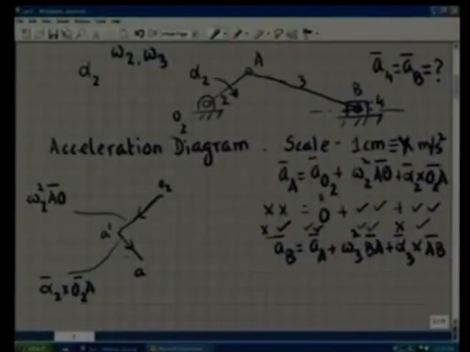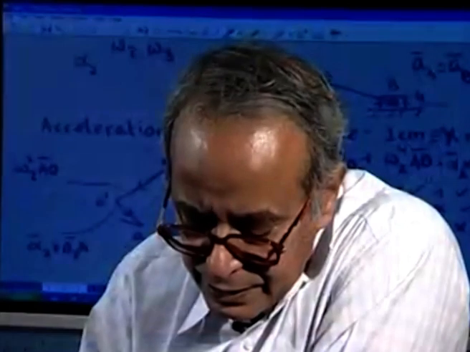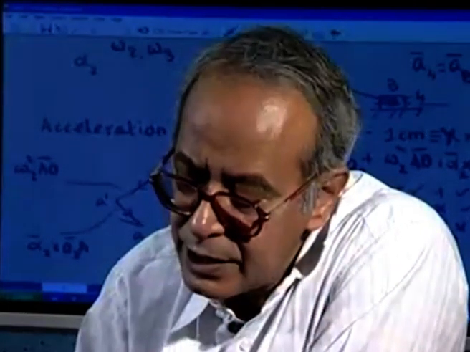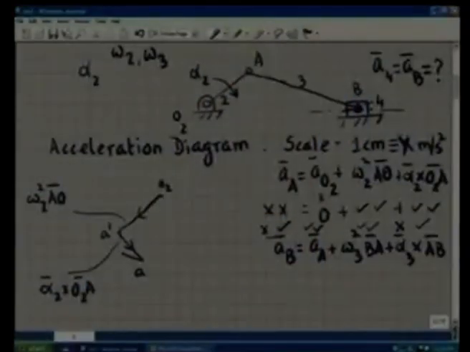So I draw omega 3 squared BA, that is a vector which is parallel to AB. So from A I go to a point, I draw this vector. I do not know the magnitude because we are not using any particular numbers. So let this vector omega 3 squared BA to the chosen scale become so much. I call this point B prime.